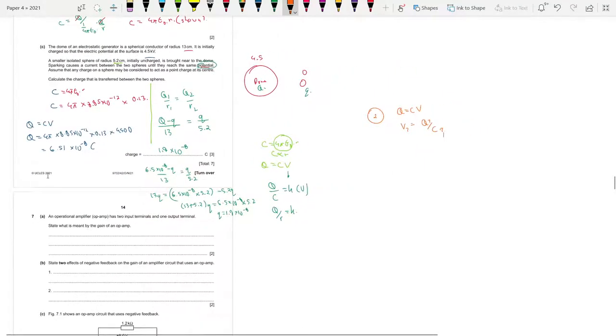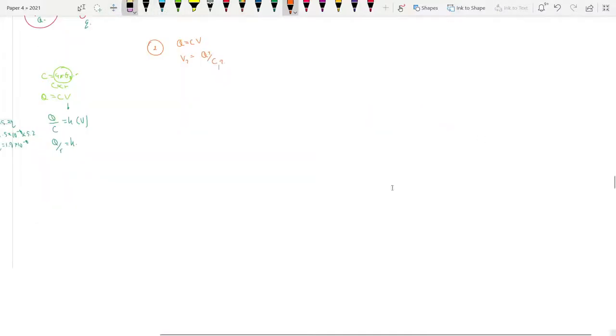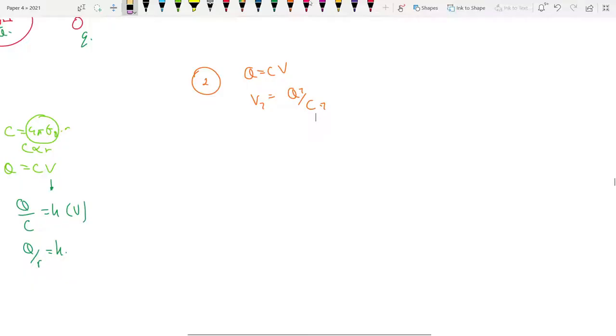So in route 2, after you get this value, 6.51 into 10 to the power minus 8, what can you actually do? You can write that the total voltage is equal to the total charge we calculated, 6.51 into 10 to the power minus 8, divided by the total capacitance, which, remember, is 4 pi epsilon naught into R.